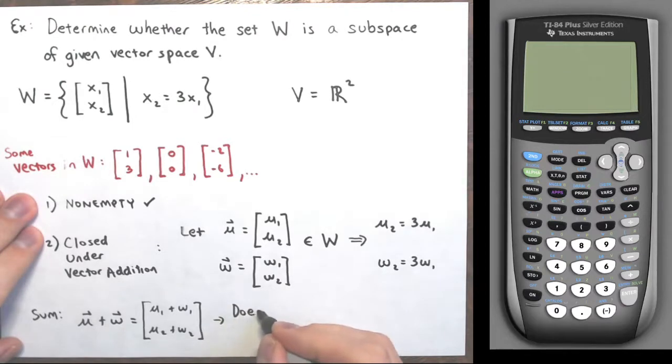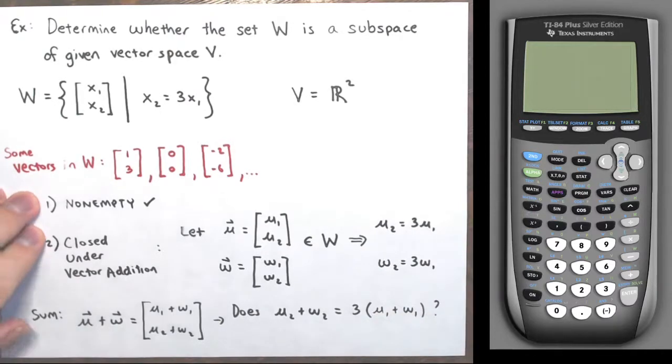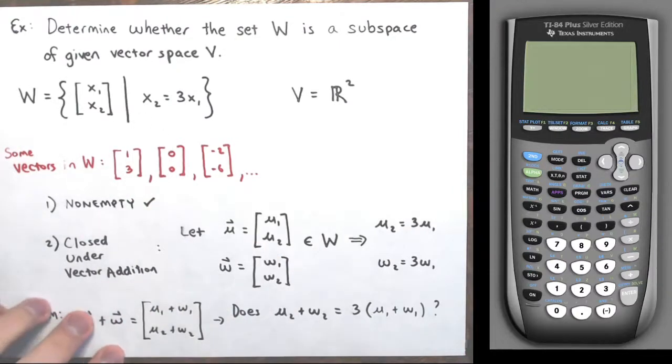Does u2 plus w2 equal 3 times u1 plus w1? If the answer to this is yes, then we're good. It's closed under addition. If the answer is no, then it's not closed under addition, and this is not a subspace of R2.